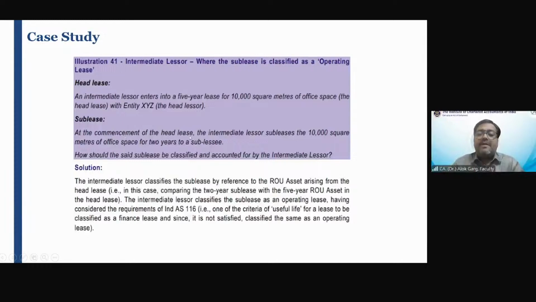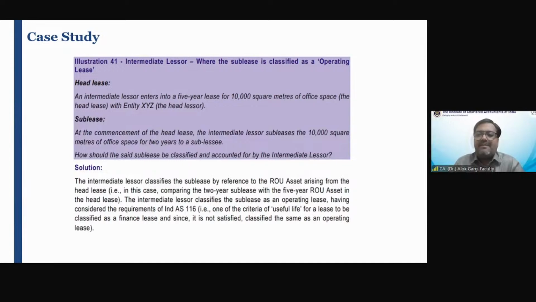At the commencement of the head lease, the intermediate lessor subleases the 10,000 square meters of office space for 2 years to a sublessee. How should the said sublease be classified and accounted for by the intermediate lessor?